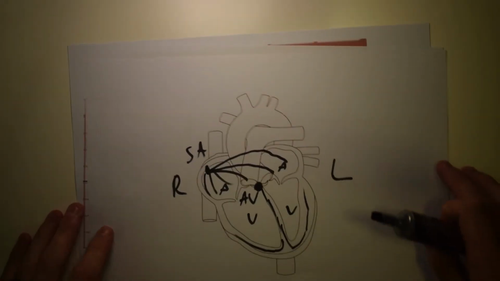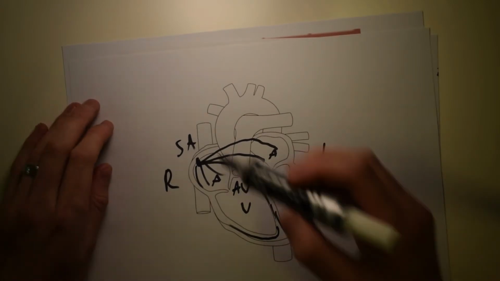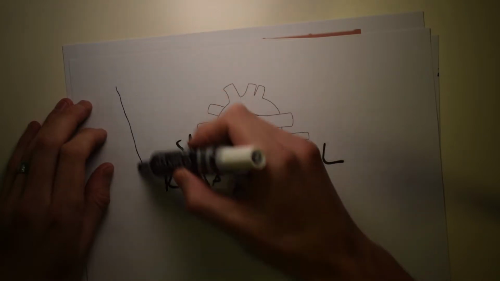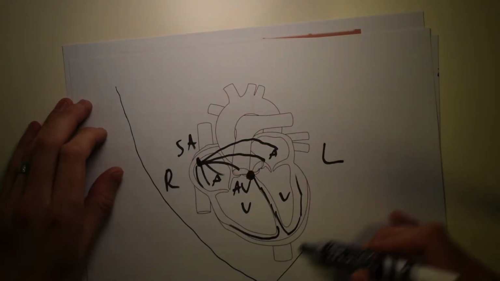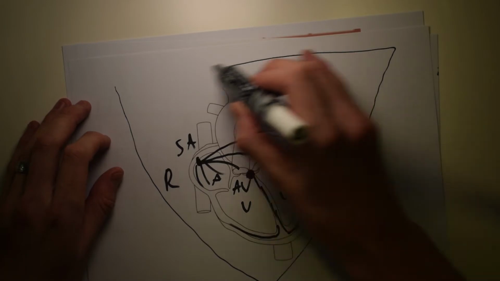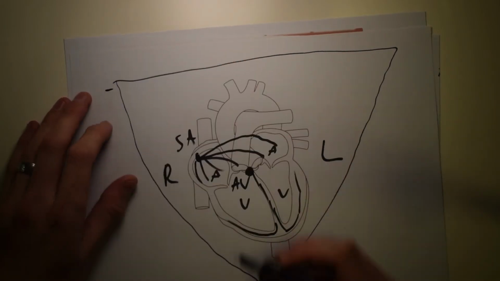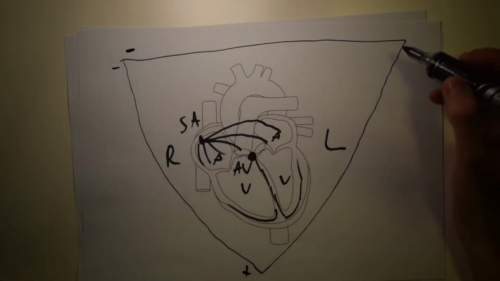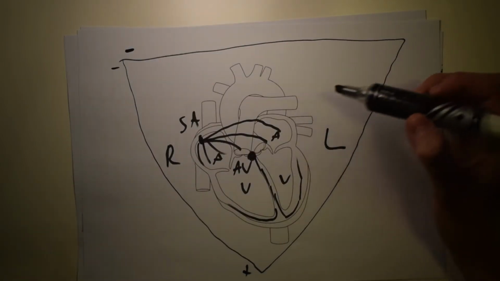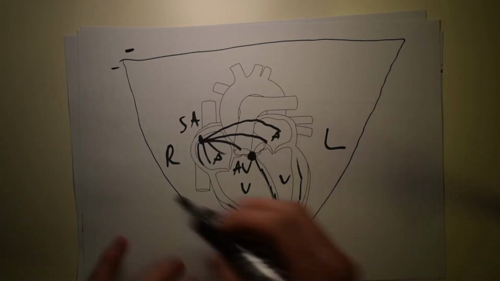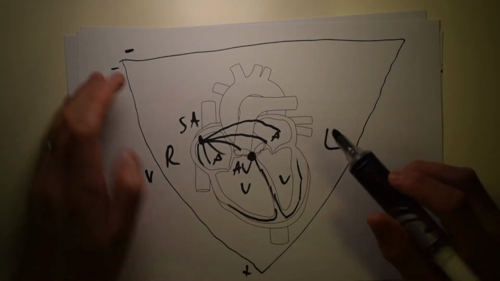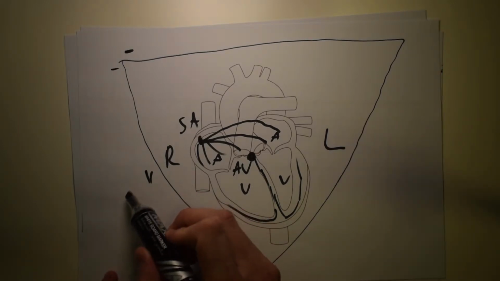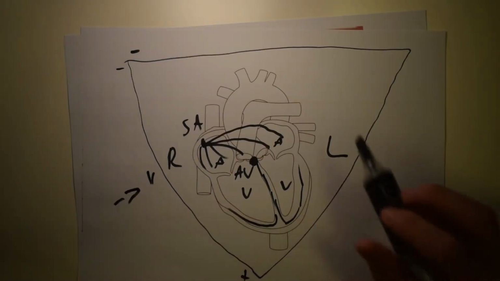If we come back to this, there's something called Einthoven's triangle, which is a big triangle like this. It is the way that we see the heart. This is lead 2. From the negative to the positive, it's like an eyeball looking in this direction.